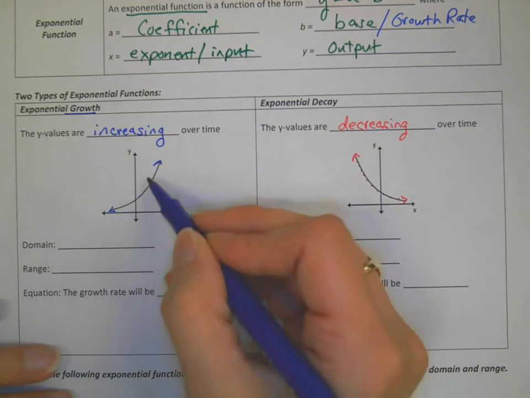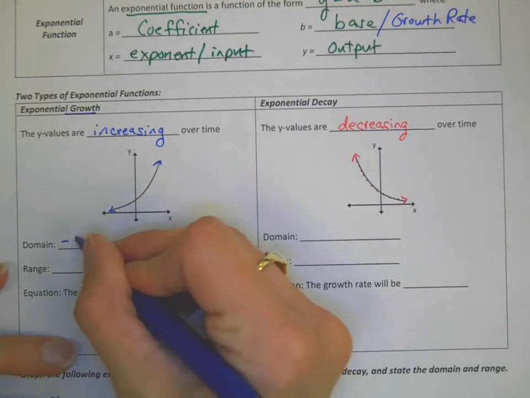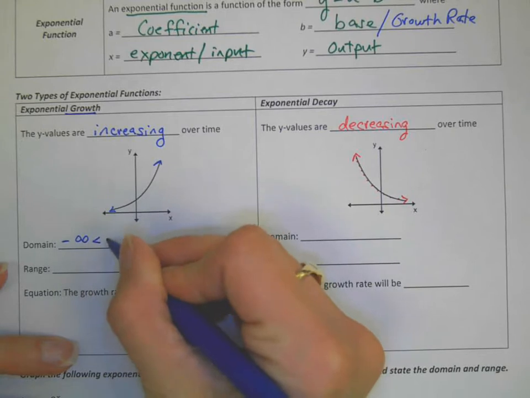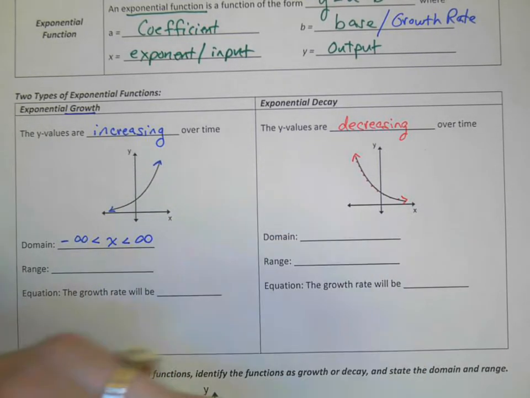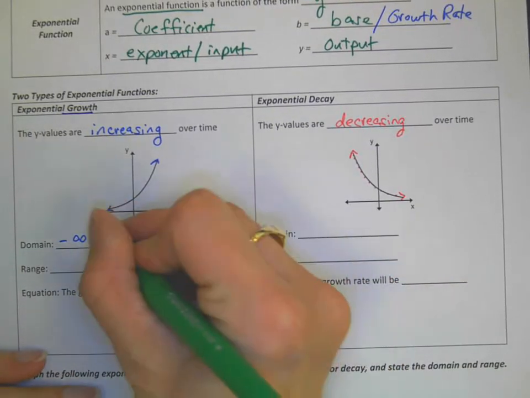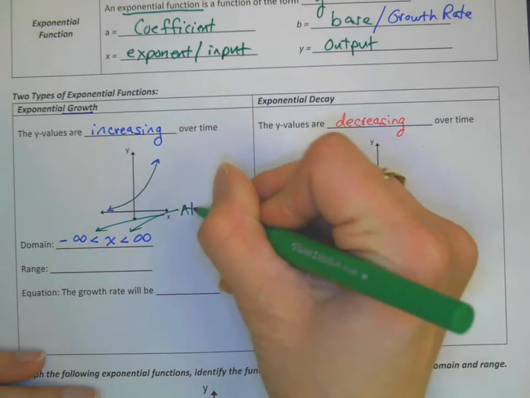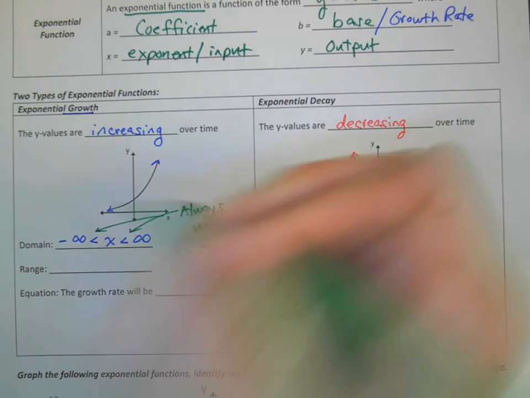The domain for something like this, you can plug in all real numbers from negative infinity, less than x, less than positive infinity. And let's just write a little note here. Okay, when you have two like this, like a sandwich, we always use less than signs.